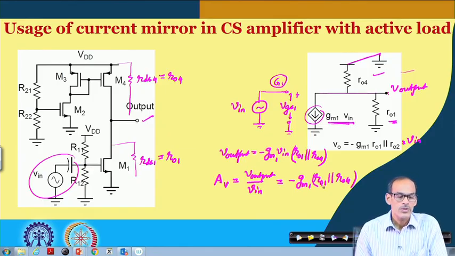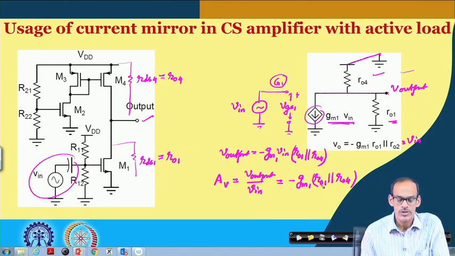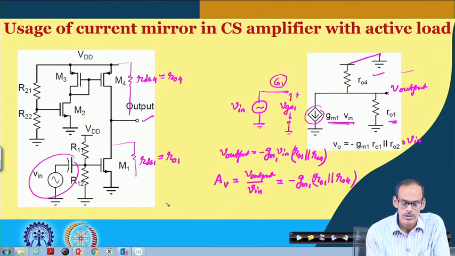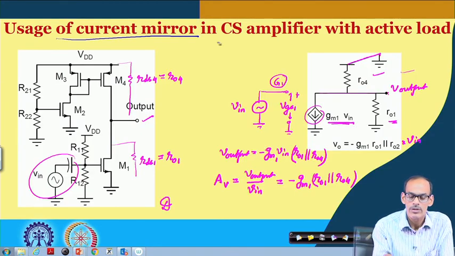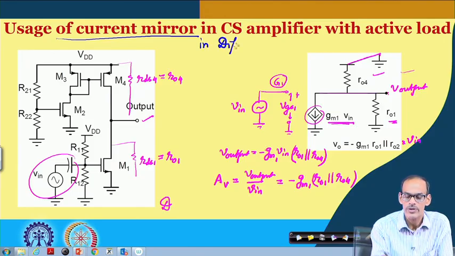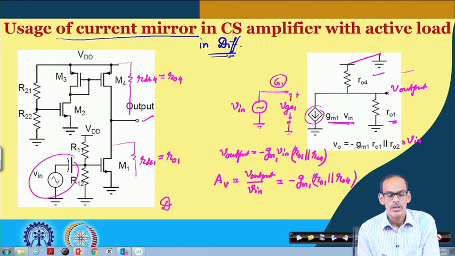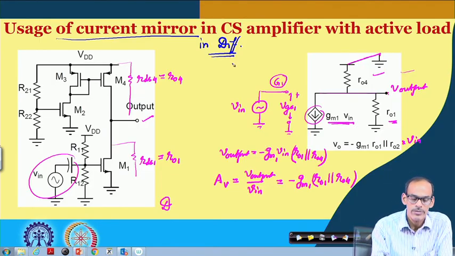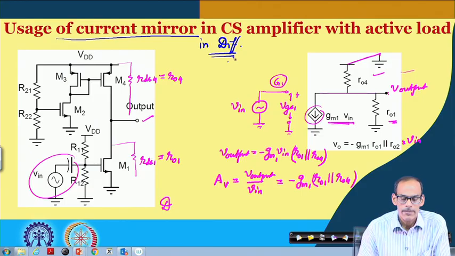Likewise, this current mirror also has application in differential amplifiers. This usage of current mirror is also there in differential amplifiers, and in a differential amplifier the current mirror can be used not only as a biasing element, but also as a current carrying element.